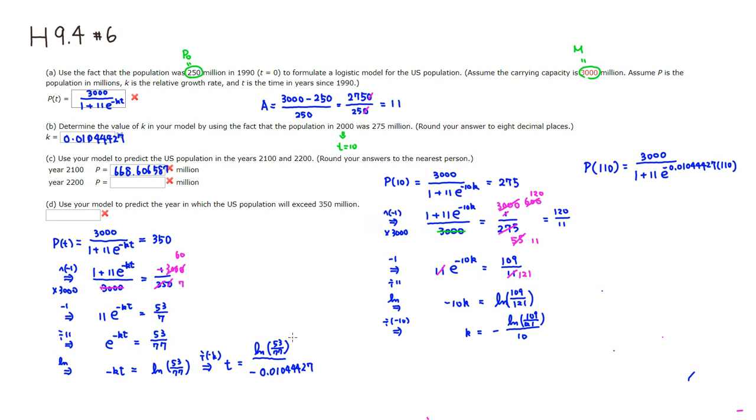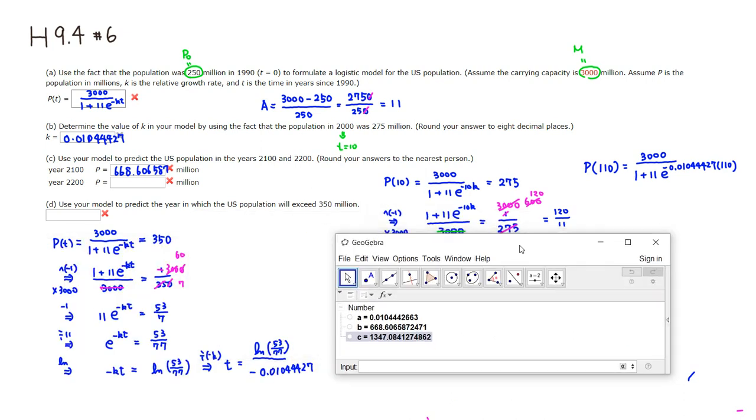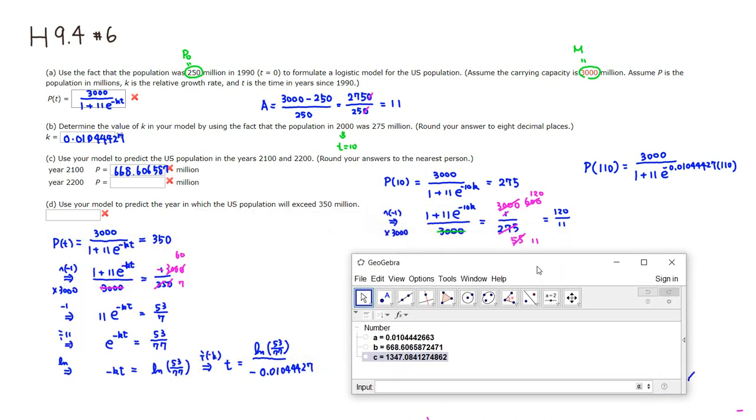So let's compute that, and I'm going to bring out GeoGebra here and do the natural log of 53 divided by 77 and divide by 0.0104427, and hit enter.